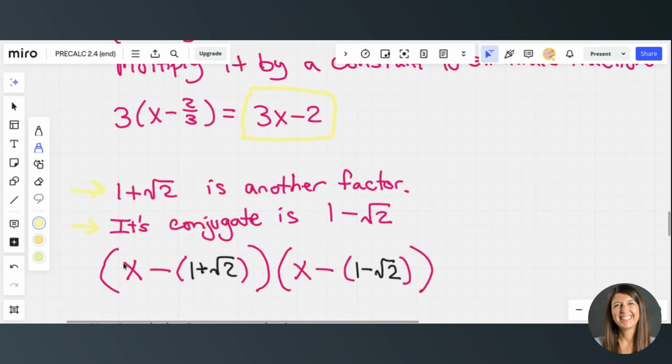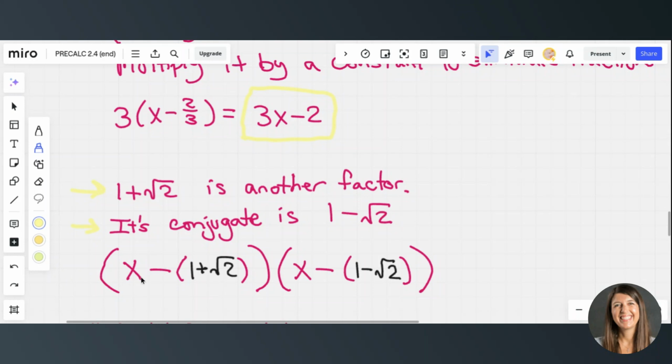So let's do x minus 1 plus root 2 and x minus 1 minus root 2 because those are both going to be zeros. The 1 plus root 2 and 1 minus root 2 are both going to be zeros because they're the conjugate pair, okay?